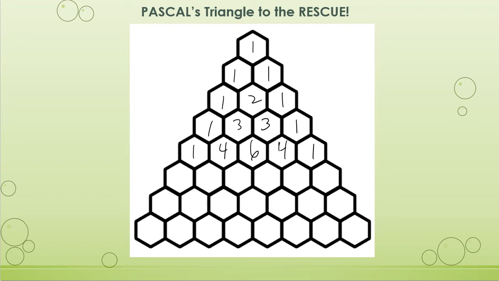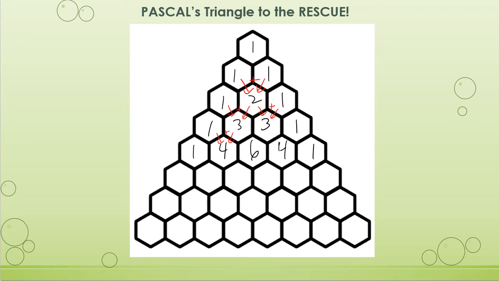How did I get 1, 2, 1, and then 1, 3, 3, 1? Well, these 2 numbers add to that number. And on the outside, there's always 1s. How did I get 3? 1 plus 2. How did I get 3? 2 plus 1. How did I get 4? 1 plus 3.